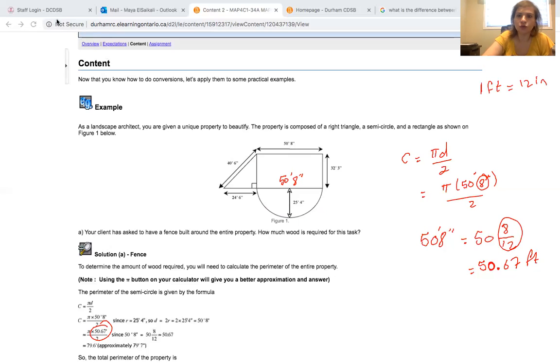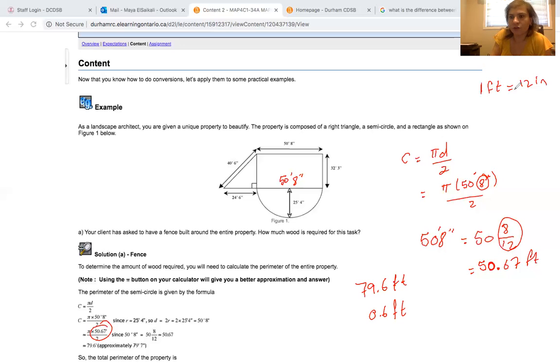So 79.6 feet. Now I can't report it as 79.6. I have to report it in feet and inches. So we have to convert back to inches. How much is 0.6 of a foot in inches?